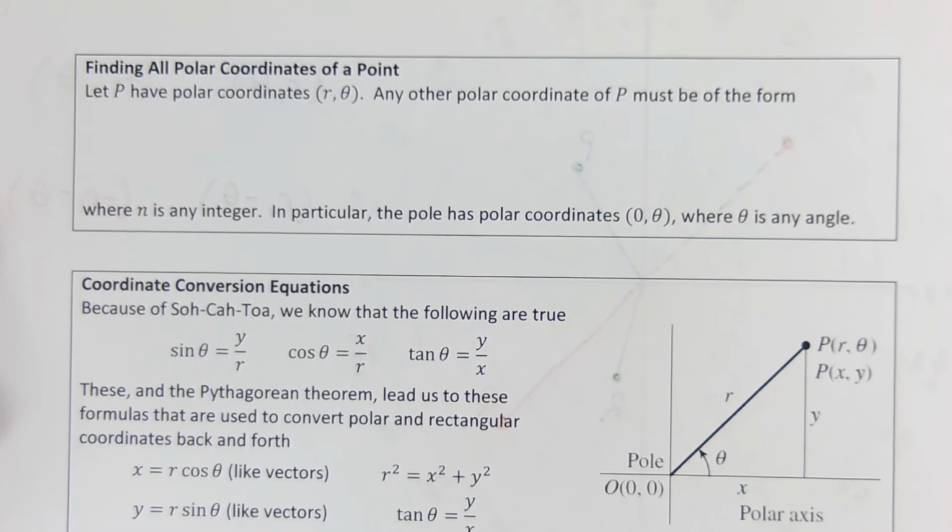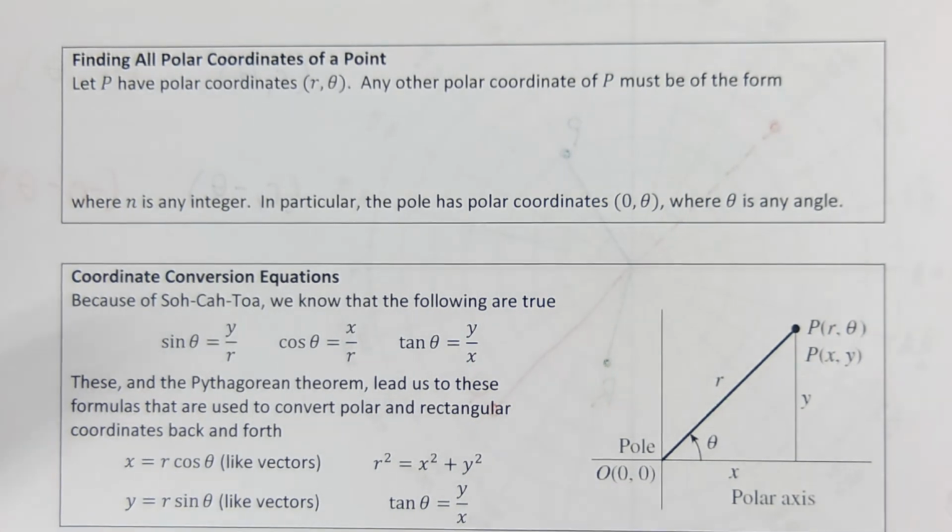So how do we find all the polar coordinates? Well, like I said, there's an infinite number of correct answers. I don't want you trying to memorize this setup. I want you to understand the setup.